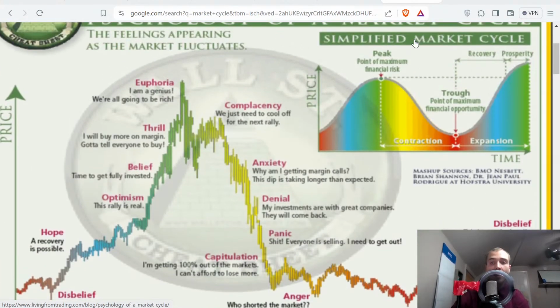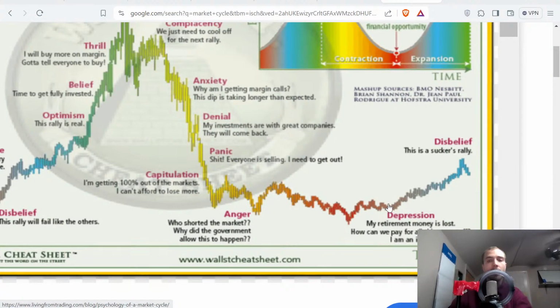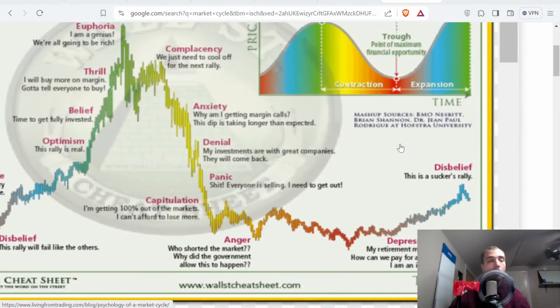So the simplified market cycle chart shows euphoria, complacency, capitulation, anger, depression. Well, depression is also the point of maximum financial opportunity. So that point where people don't want to buy it, that point where people want to give up on it, that point where it looks completely dead, is that point where the opportunity is the highest.